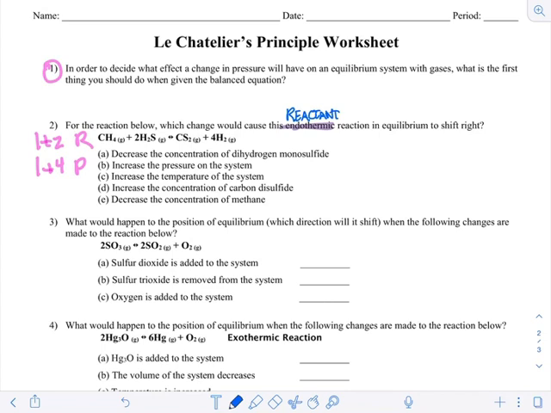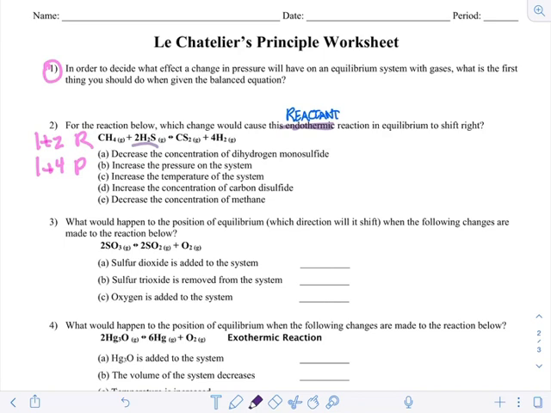So if we want to increase more product, there's a couple things that we can do. So the first scenario, they say decrease the concentration of the dihydrogen monosulfide. So that would be this here, okay?